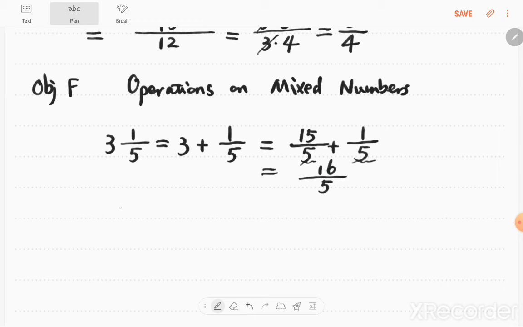Of course, you can write the shortcut version. So that will be, we keep the denominator 5 and just do 3 times 5. We just use this number times the denominator.